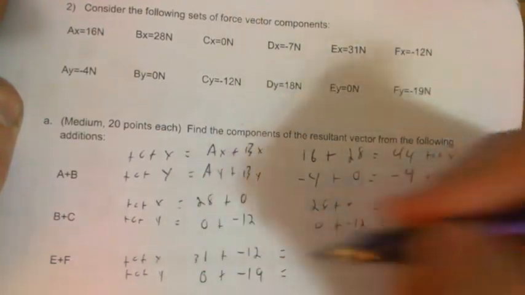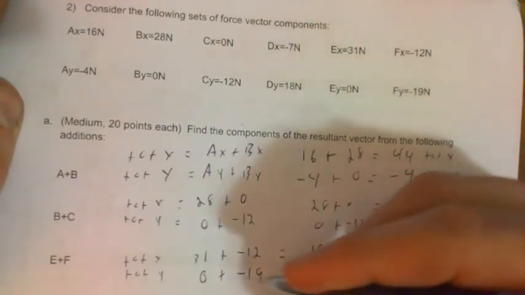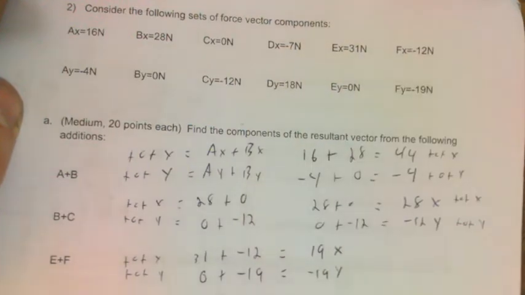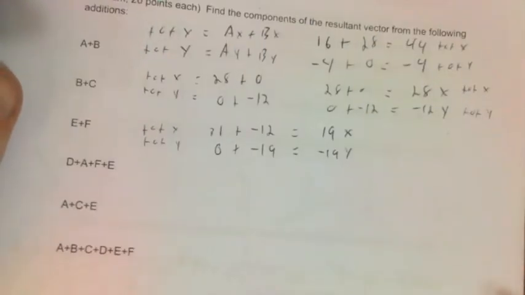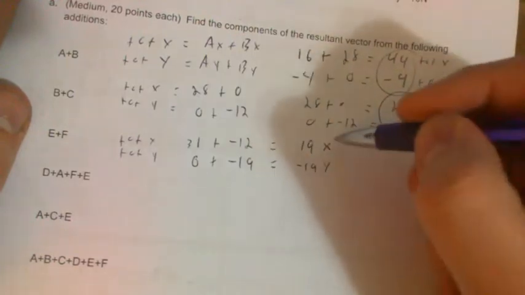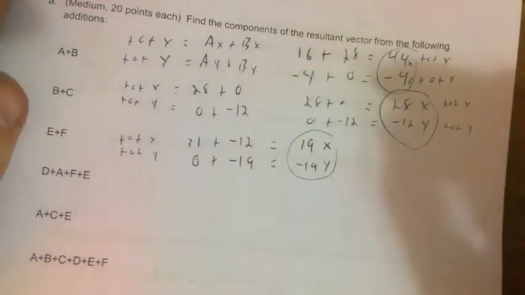So that gives us 31 plus -12 is positive 19 as our x component, and then 0 plus -19 will give us -19 as our y component. I'm going to go ahead and circle these. So these are our components for x and y. These are our components for this third one.